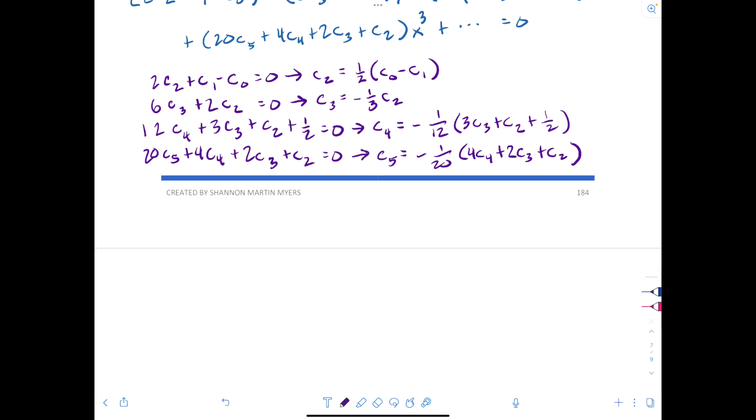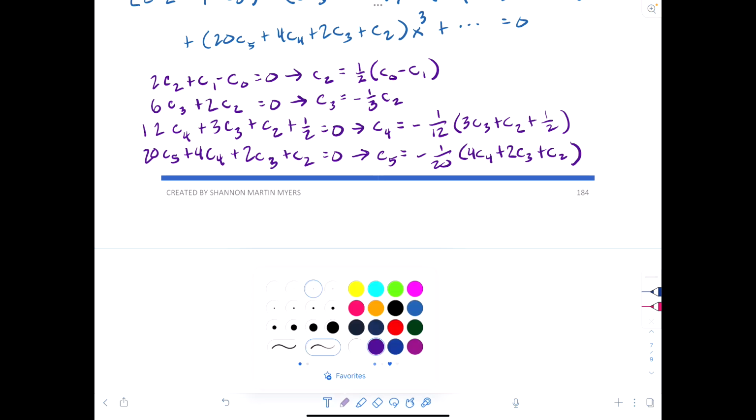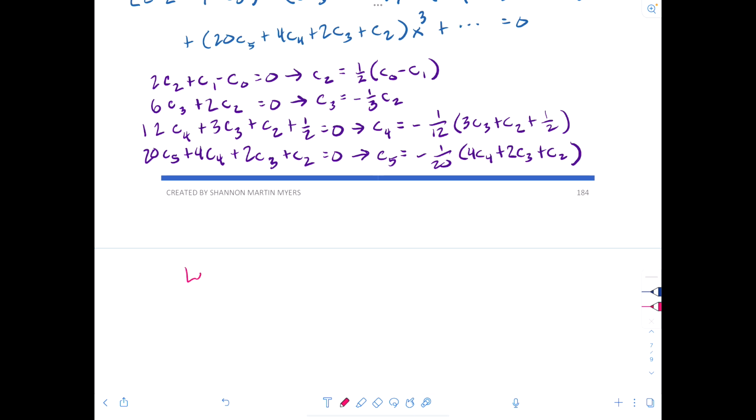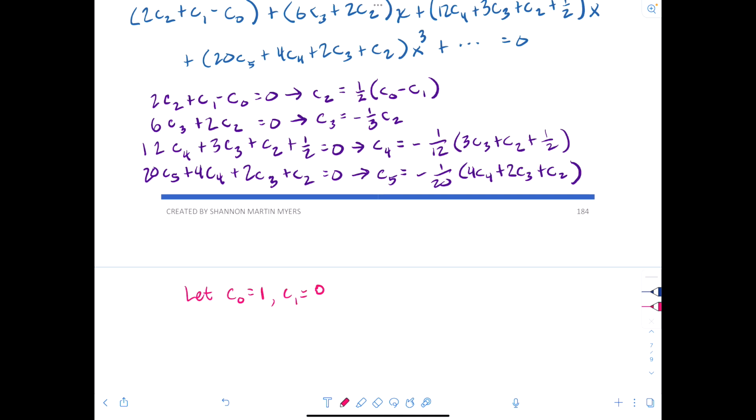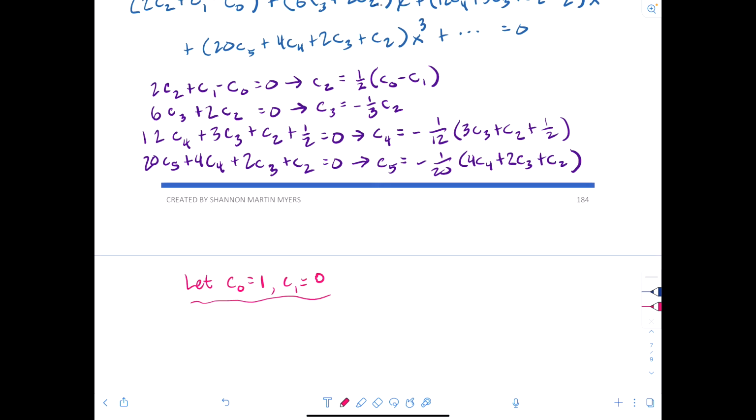So in our first go around, we could let C0 equal 1 and C1 equal 0. Then C2 is equal to 1/2 times C0 minus C1, so 1 minus 0, which will be 1/2.